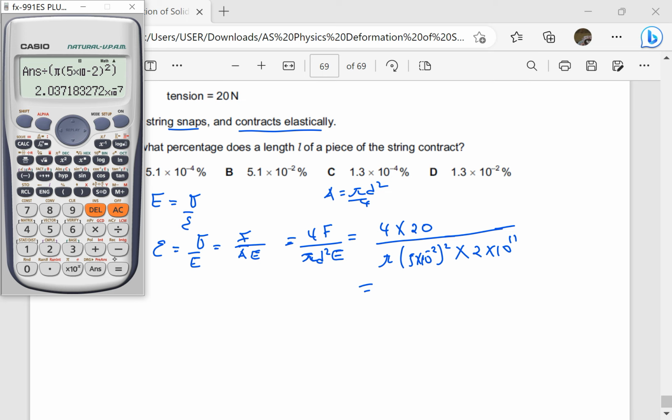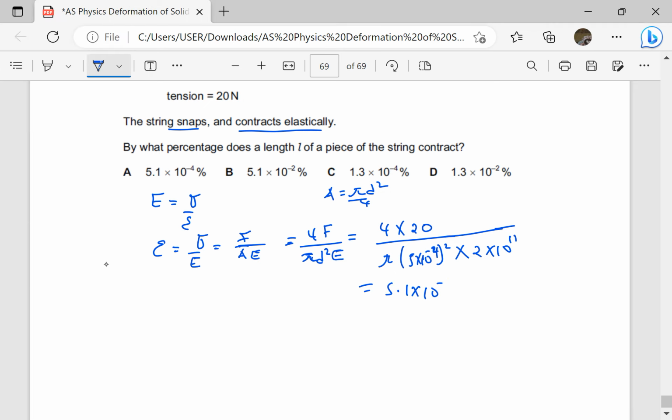Let me check it again. 4 times 20 divided by, open brackets, pi times, sorry, this is negative 4, divided by pi exponent negative 4, but it is squared, divided by 2 exponent 11. Okay, that is 5.1 times 10 power negative 4.